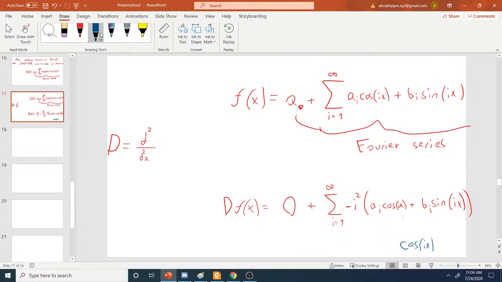The only thing that changed between this expression and this expression is that the A0 went to 0, and each of the terms in the sum now has a negative i squared next to it.